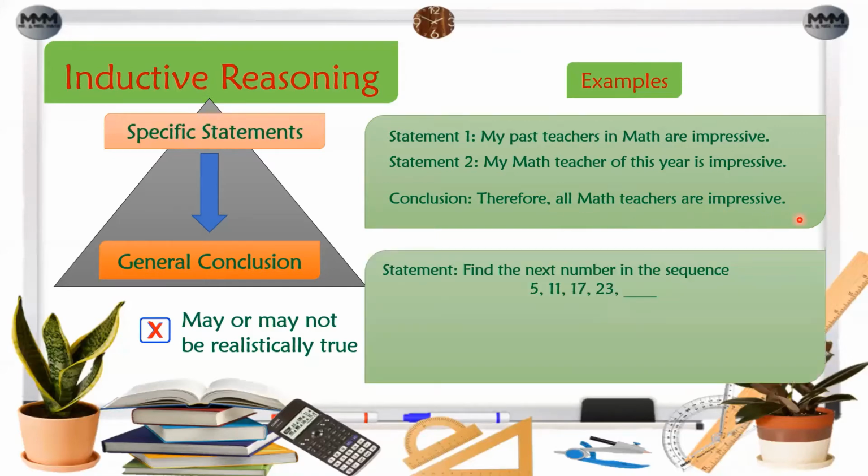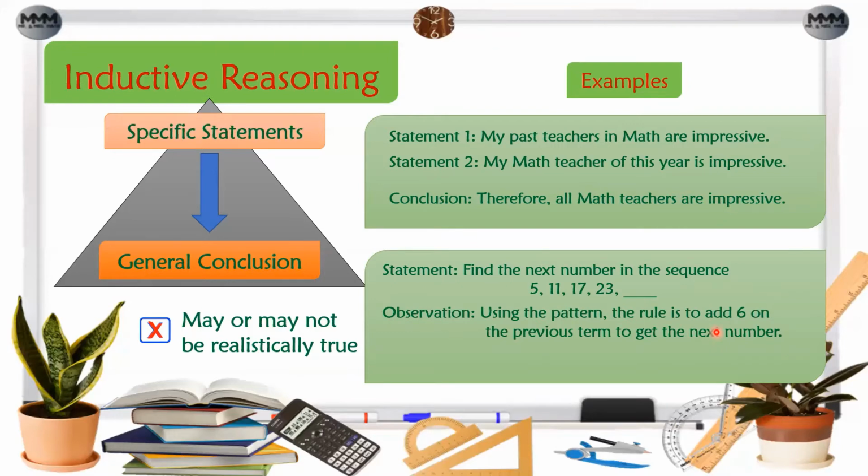Next is a problem wherein you're going to find the next number in this sequence: 5, 11, 17, 23, and then you find the number next to 23. Actually, the problem of finding patterns is an example of inductive reasoning. So here we will be observing a pattern.